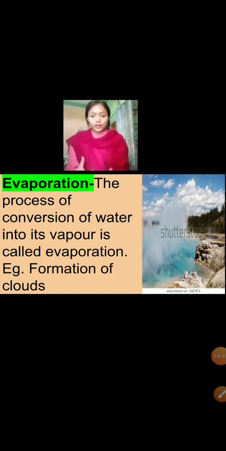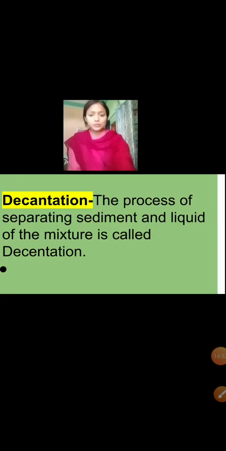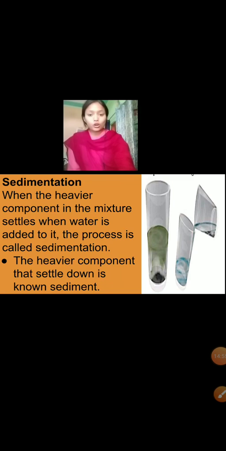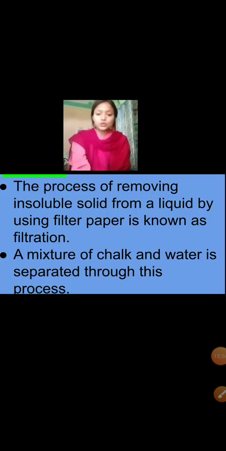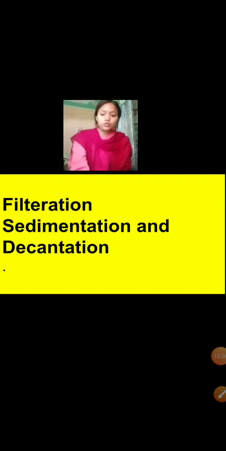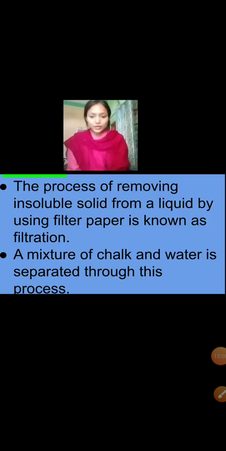Now let's quickly recap what we have studied in this chapter. We studied different types of processes or methods of separation. In today's video we studied filtration, that was separating things using a filter paper. That process is known as filtration.